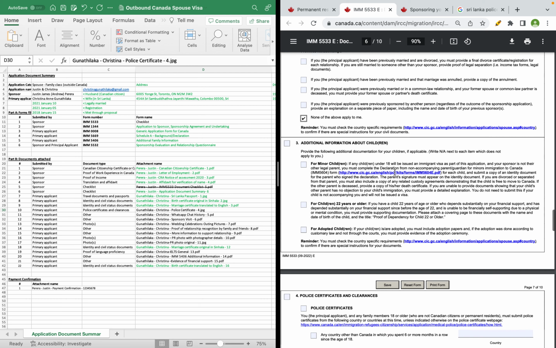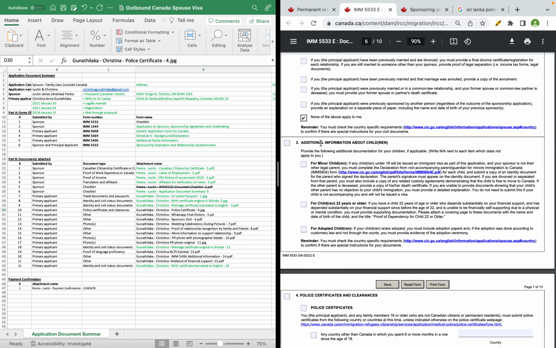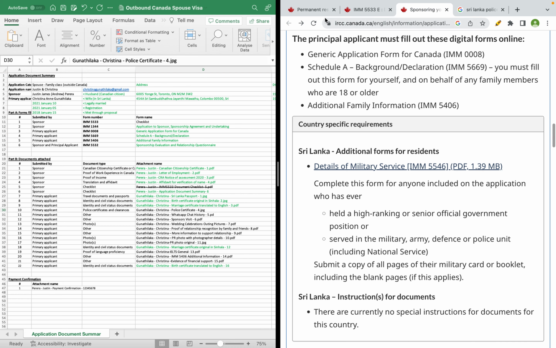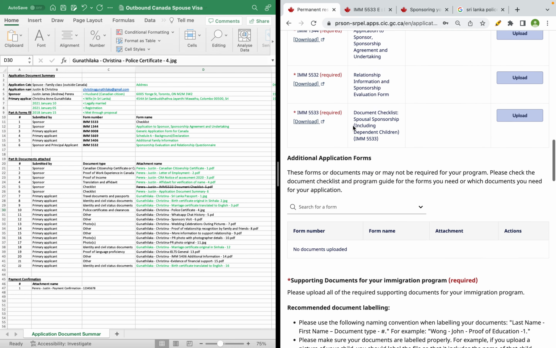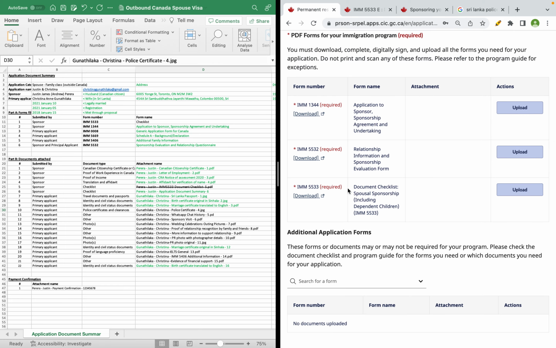Okay, then now we are going to move to additional information about children. Note, in my case I did not have any children, so what we did was that after taking the printout, before we uploaded this document to our site, let me show you the checklist here.